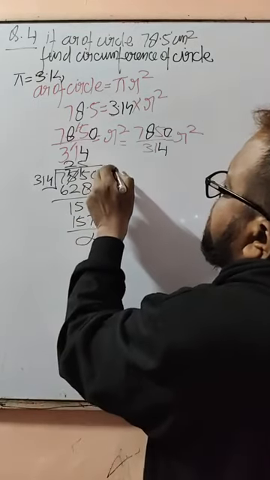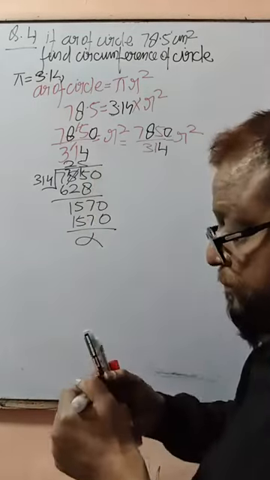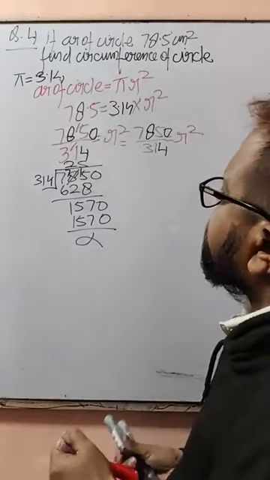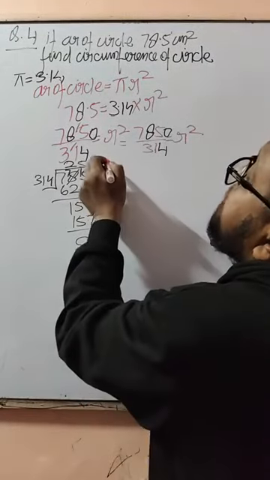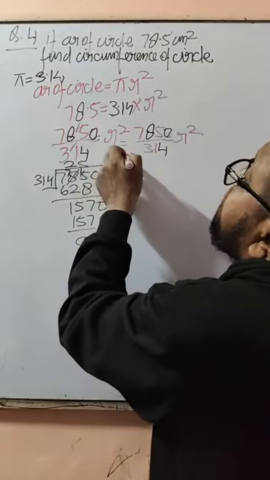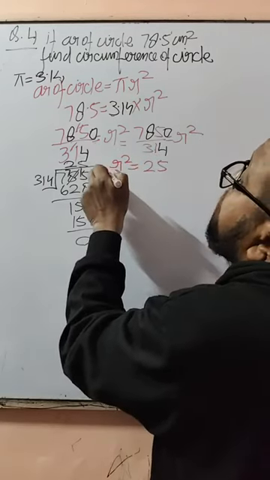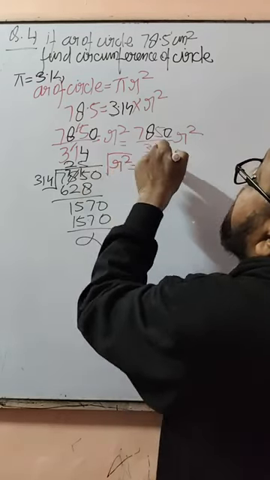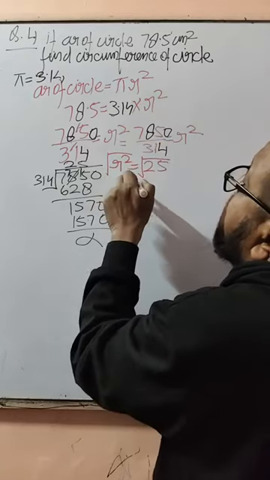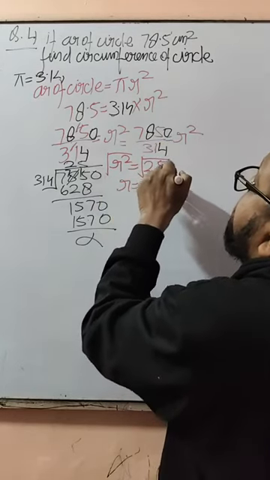So we get r square is equal to 25. Taking root on both sides, r is equal to 5 centimeter.